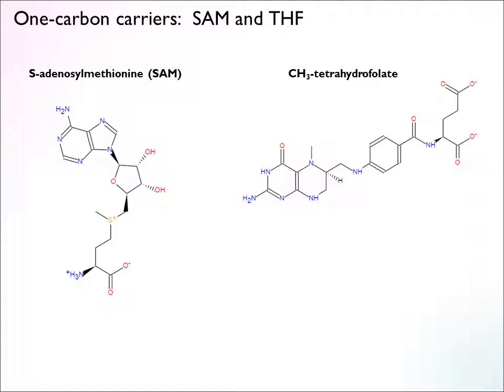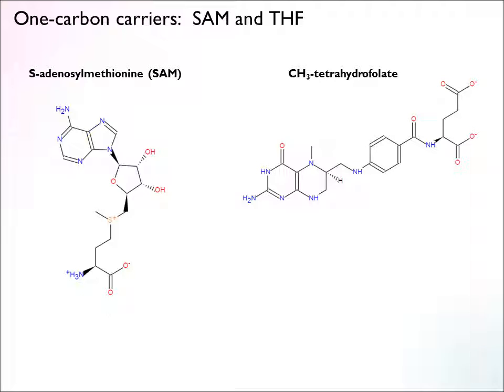So that's one of the carriers, and the other one is bound to folate. So this is activated folate, tetrahydrofolate. And here the methyl group is attached to a nitrogen on this ring structure here. So this is the methyl form of one carbon units bound to folate. These are the 2 carriers.